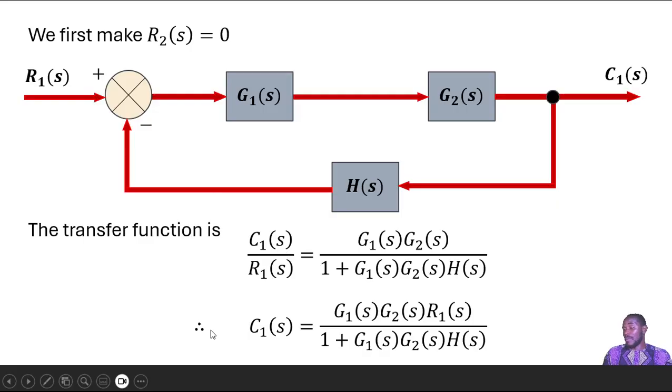Therefore, your output C1 of S as a result of the input R1 of S is G1 of S, G2 of S, R1 of S. What I've done is multiply both sides of this equation by R1 of S. So R1 of S vanishes from this side, leaving only C1 of S. And on the right-hand side, we have what we had before times R1 of S, right? And that's as we've expressed there. So this is the output of this system when the input is R1 of S.